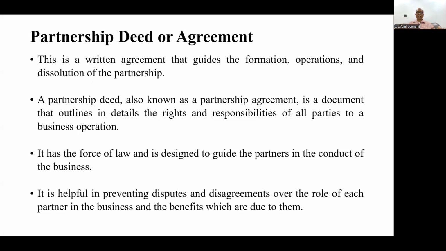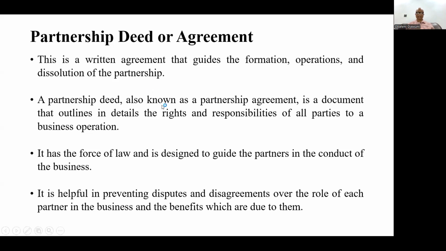So usually it comes with an agreement. An agreement will define the formation, the operations, the dissolution, and maybe the admission of a new partner. Anybody that comes into the partnership, we will define everything as much as possible within the partnership agreement. Everything that has to do with the operation will be captured in the partnership agreement.